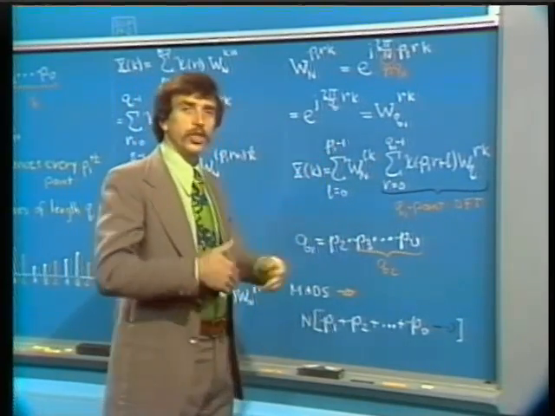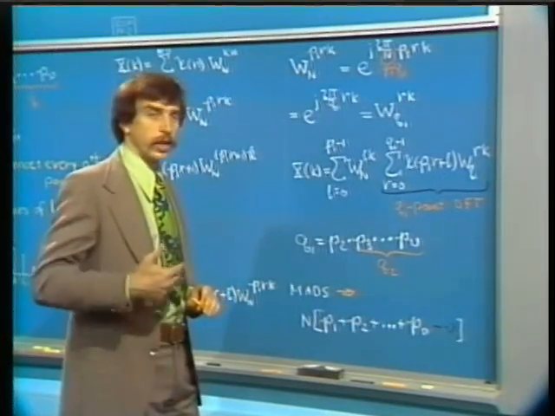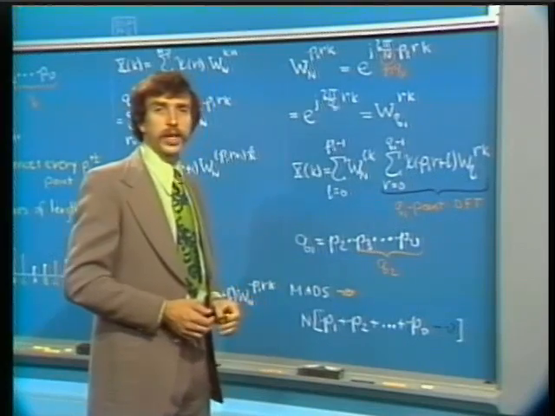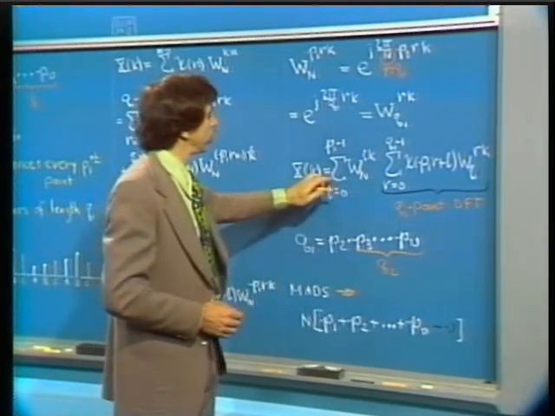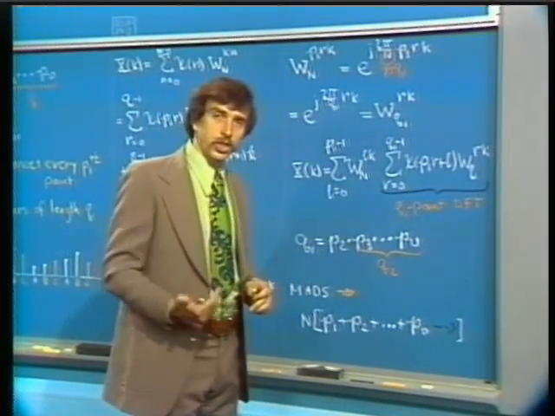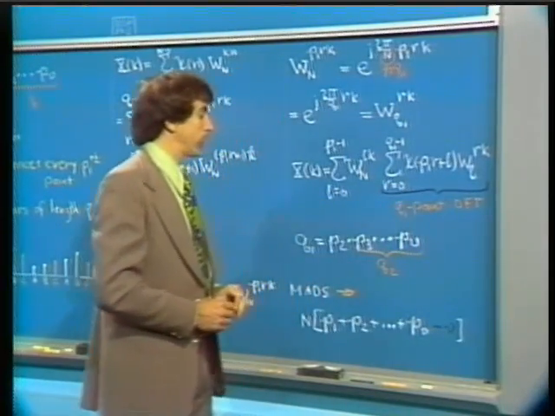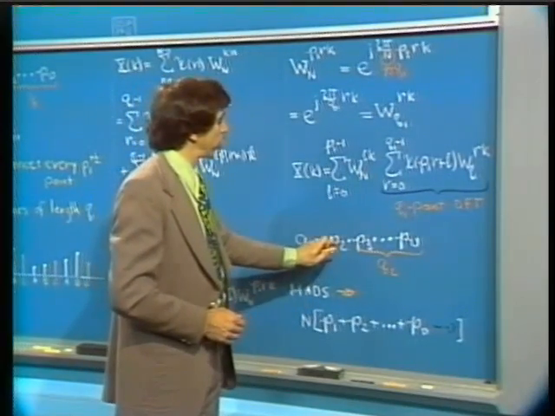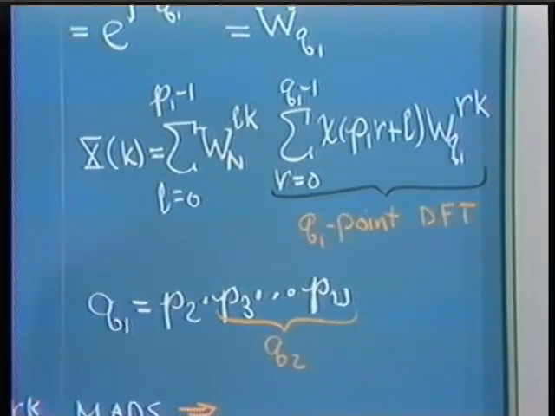This would then lead to the generalization of the butterfly computation as we had it for the radix-2 algorithms. And if you count up the number of multiplies and adds, again, you'll see that there's some computational efficiency that results from doing this. And then just as we did with the radix-2 algorithms, we can continue to decompose these transforms so that we have Q1 given by the product P2 times P3 through P sub nu.